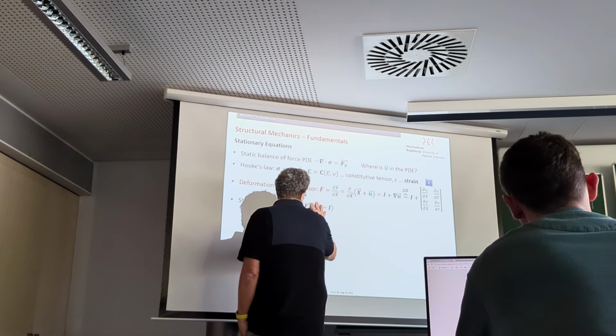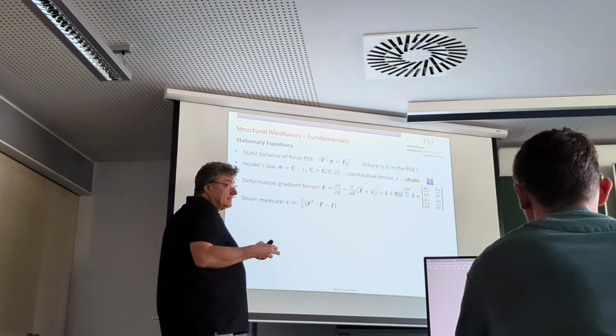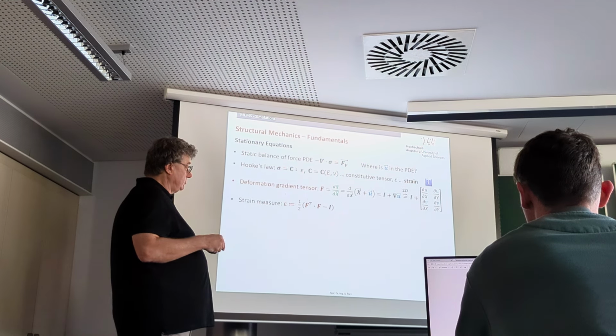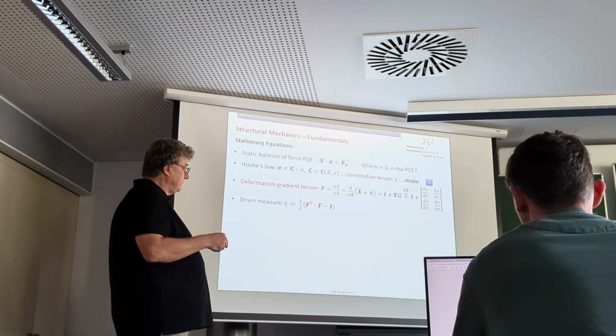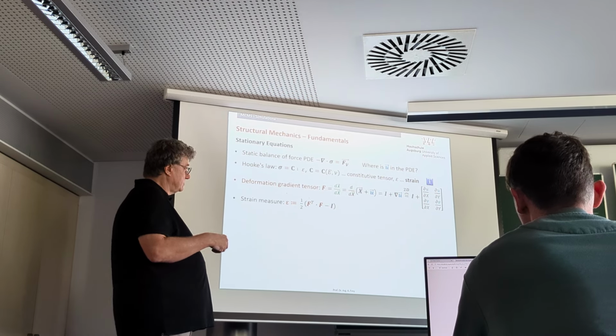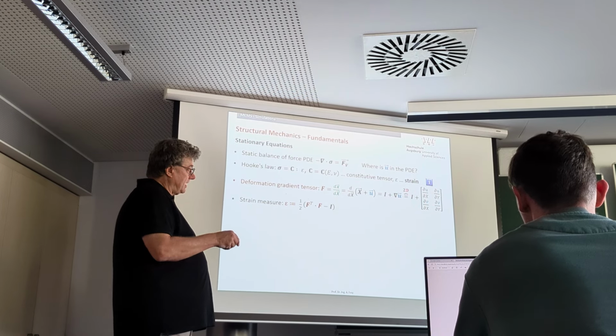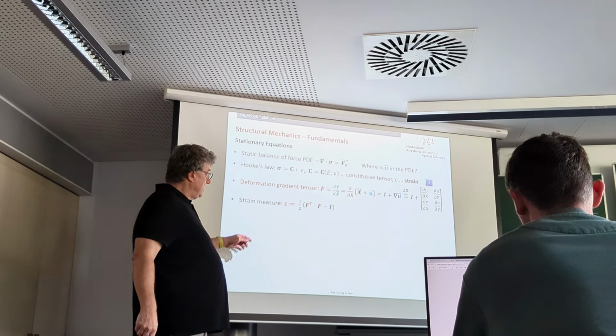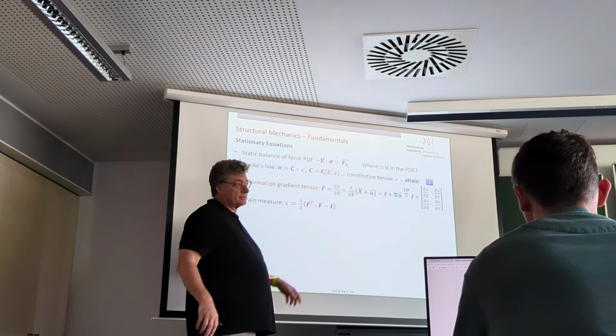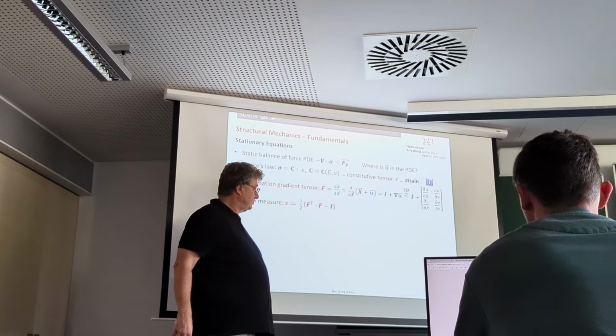So that is the main idea. In a way it's a definition, and you may guess why we take minus the identity matrix, just to get rid of that identity matrix and so on. And this 1/2 is just a factor, also only a matter of definition.